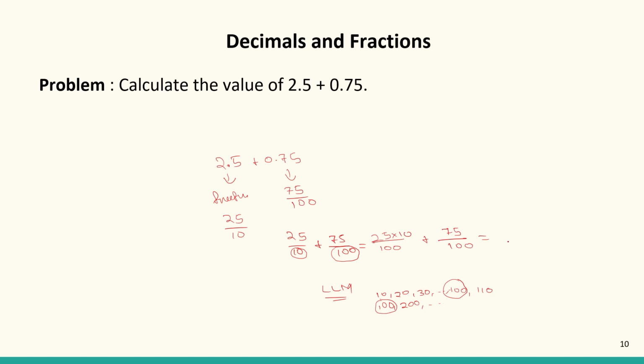So this is equal to 100 in the denominator, and in the numerator it is 250 plus 75, that is equal to 325 by 100. So this is the answer, that is nothing but 3.25.